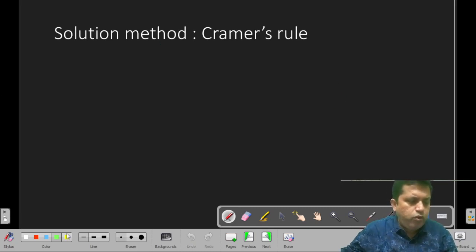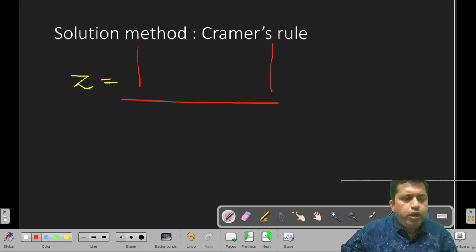Let us see how you can find the value of Z. Z can be determined as a determinant in the numerator divided by the determinant in the denominator. The first two columns will be as they are, A1, A2, A3, B1, B2, B3, and the third column is replaced by the right hand side matrix D1, D2, D3.